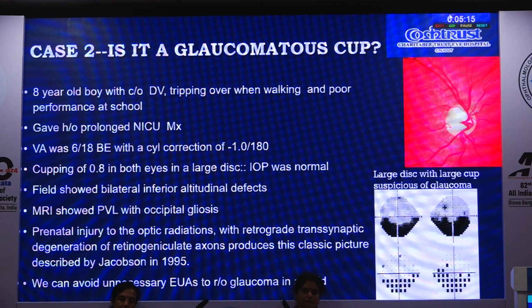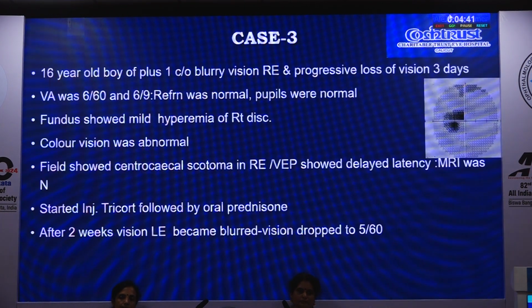The field showed bilateral inferior altitudinal defects, and MRI showed PVL with occipital gliosis. Prenatal injury to the optic radiations with retrograde transsynaptic degeneration of retinogeniculate axons produces this picture, which was described by Jacobson in 1995. We can avoid unnecessary examination under anesthesia to rule out glaucoma in a child when this presentation happens with a very large cup. It's not uncommon to see these due to perinatal trauma.